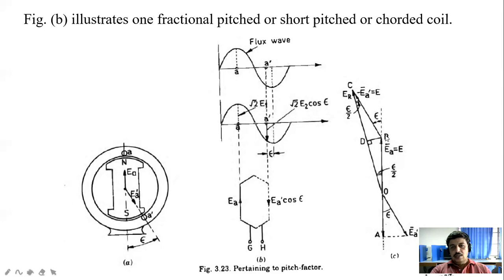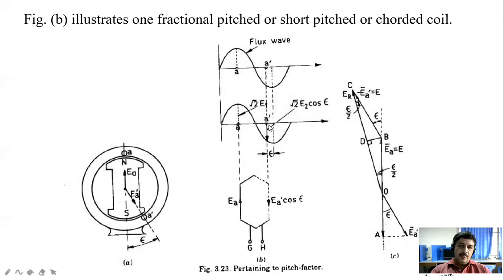In this case, the EMF induced in coil side A is maximum, as coil side A lies under the maximum flux density. That EMF is represented by phasor OB, which is equal to EA, which is equal to E, and that EMF is at its maximum value.